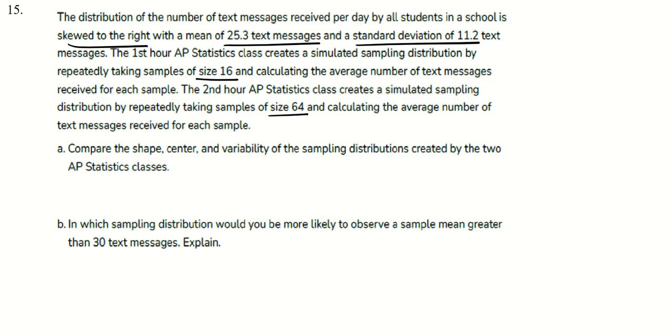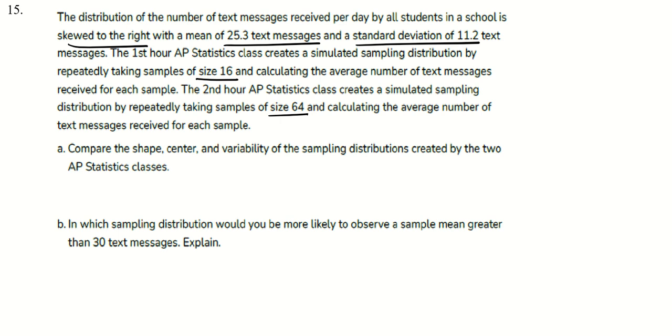Okay, so we know that the center is going to be the same because it doesn't matter about the sample size. The standard deviation is going to be different. The one with the smaller sample size will have a larger standard deviation. So that's going to change.